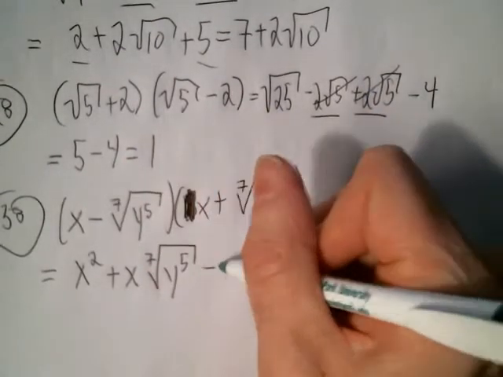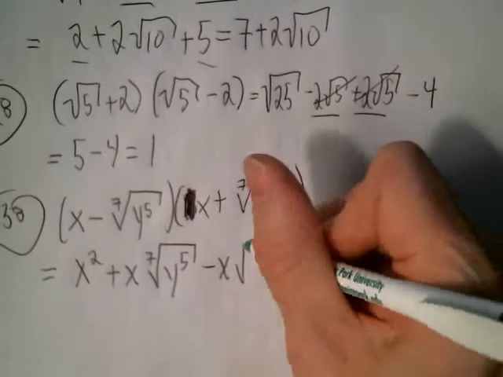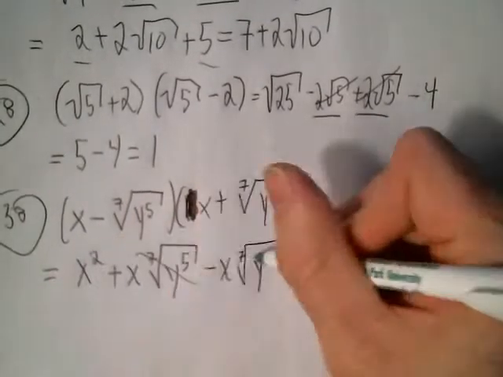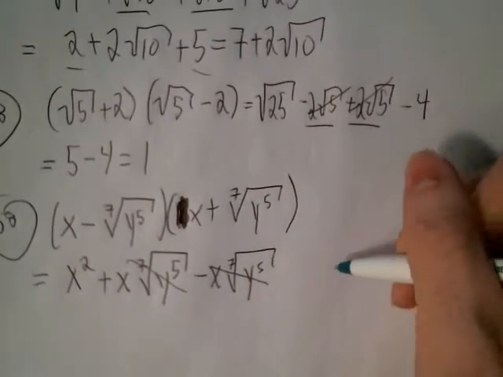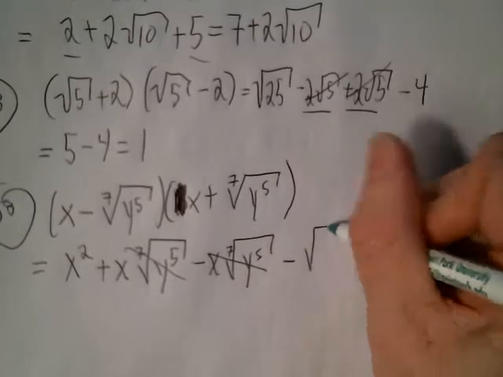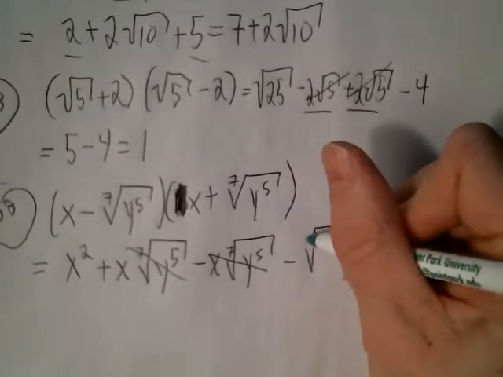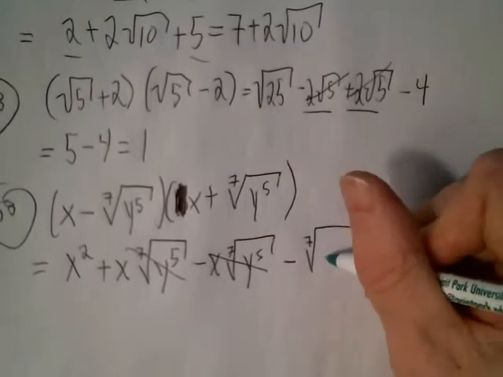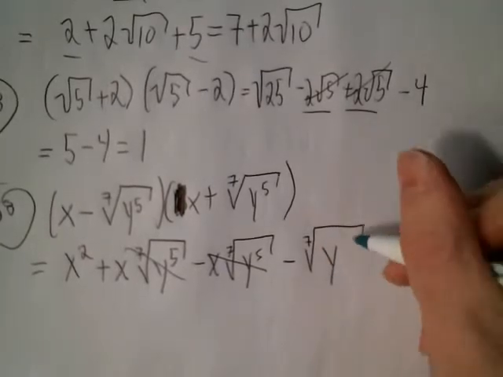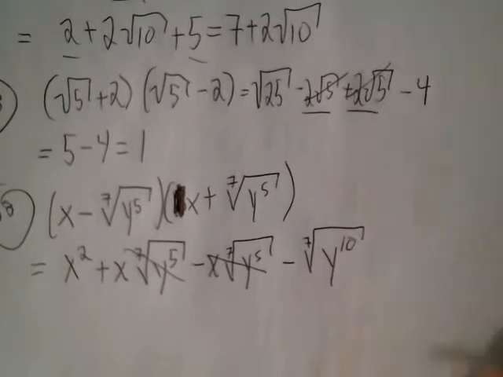The inner minus x times the 7th root of y to the 5th. So those will cancel out. No problems there, right? Those are additive opposites. It's this last one I'm worried about. Minus the 7th root of y to the 5th times y to the 5th, which will be y to the 10th, because you add the exponents when you multiply out y to the 5th times y to the 5th.